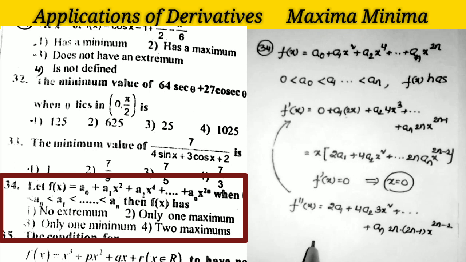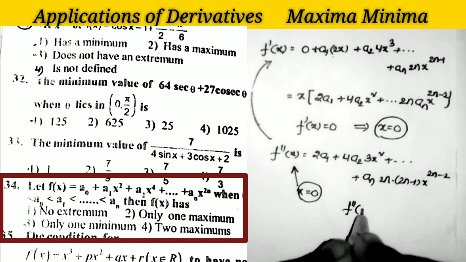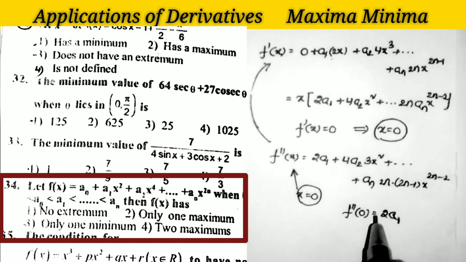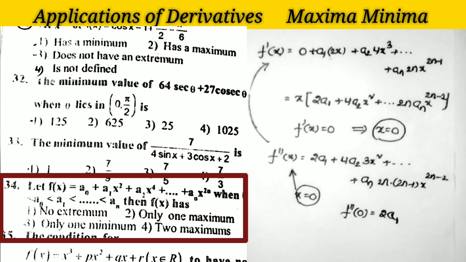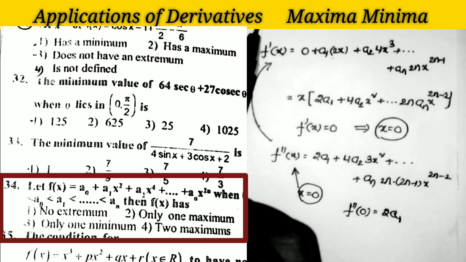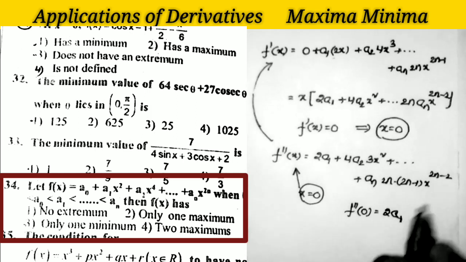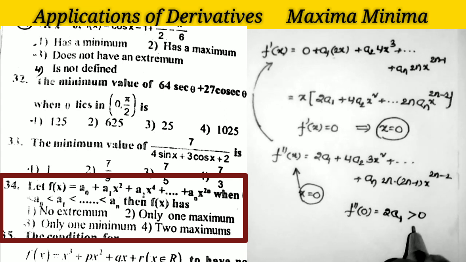Okay, now substituting x is equal to 0 here in this equation, then what we get, f double dash of 0 is equal to only 2a1, and all the remaining values are equal to 0 when we take x is equal to 0. And here it is already given that a1 is greater than 0, which means a1 is a positive value. So f double dash of 0 is greater than 0.